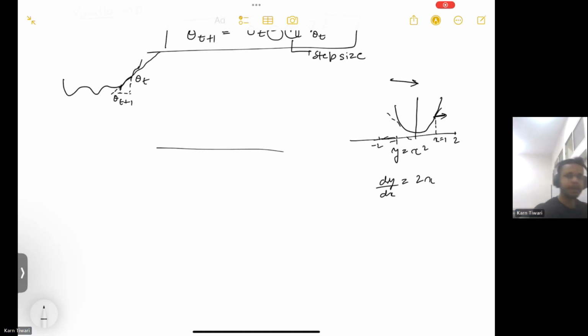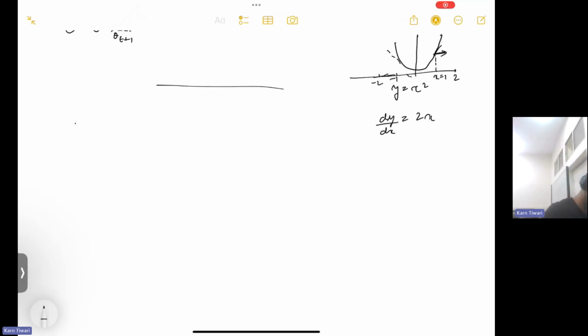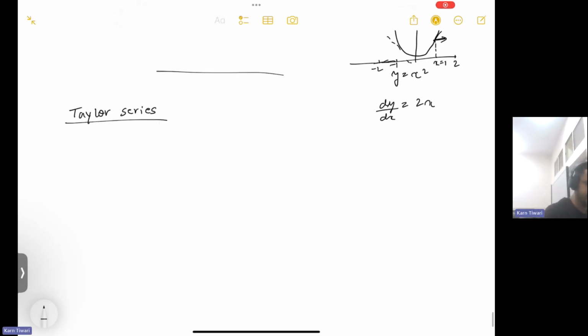Basically it all came from the Taylor series. So what is a Taylor series? It's just an expansion of a function with higher polynomial degree. So it's something like this.